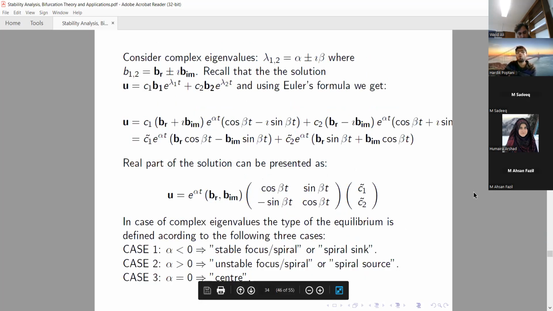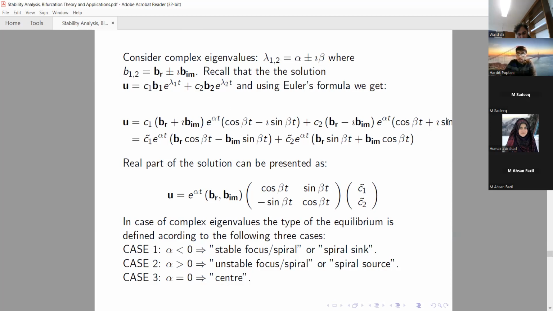So now we can even consider complex eigenvalues. Lambda 1, lambda 2 equals alpha plus or minus i beta, where b1, b2 are now eigenvectors in terms of i's, b_r, which is the real part, and b_i, the imaginary part of the eigenvector. So we call that the solution, whereas we found earlier, using Euler's formula, where e to the power of i something can equal cos something plus i sine of something.